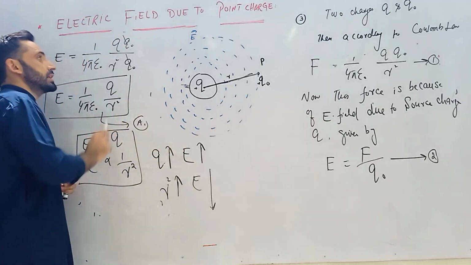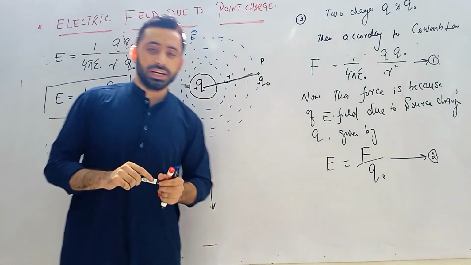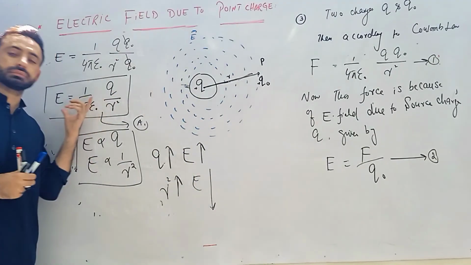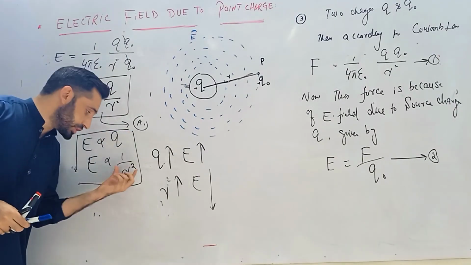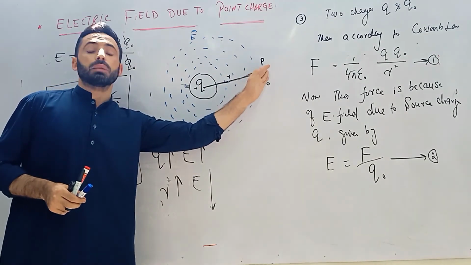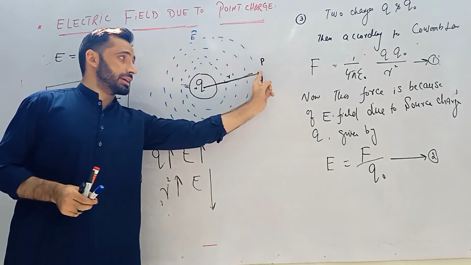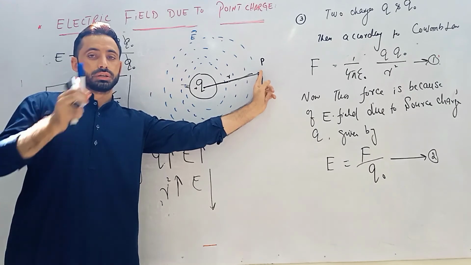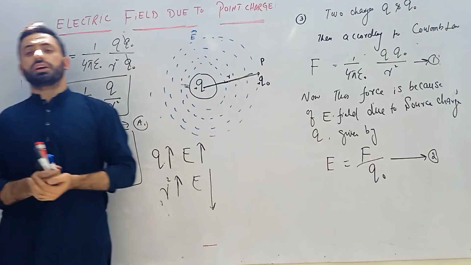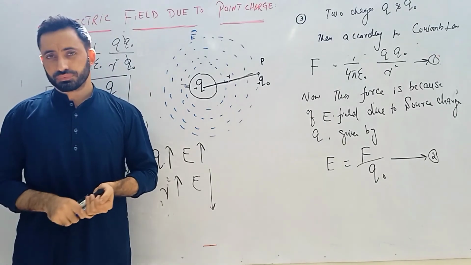Now this is called the electric field due to a point charge. The main equation shows the electric field depends on the source charge and the distance between the source charge and a point, the point at which we take the electric field and where a force can act. So the electric field due to a point charge.